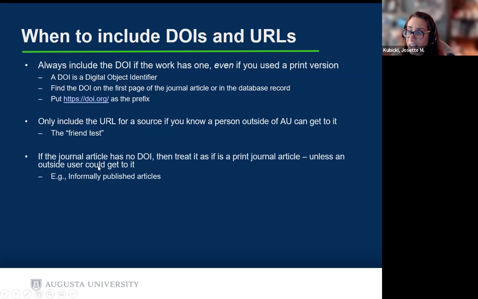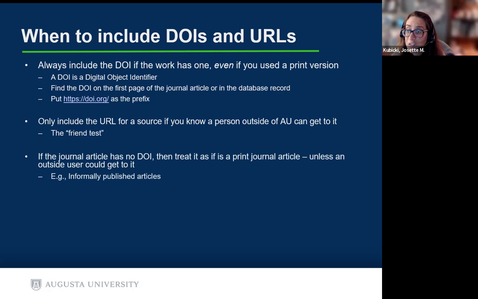Now, if the journal article has no DOI, then we treat it as a print item. Same with an ebook: if the ebook has no DOI, treat it as a print item unless an outside user can get to it. For example, some journal articles are freely available online.